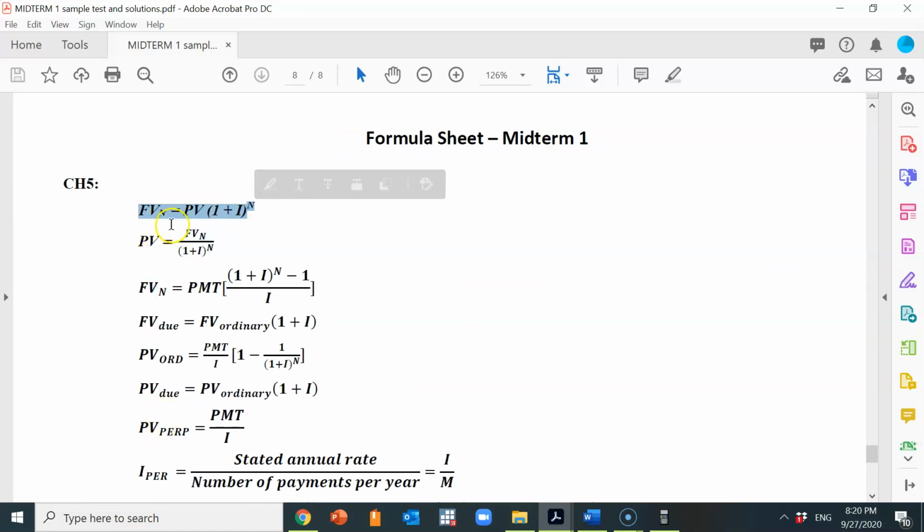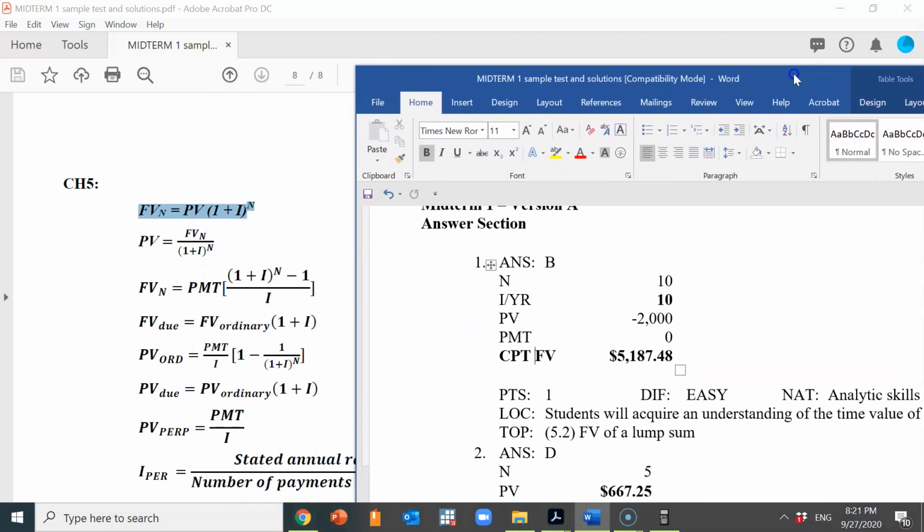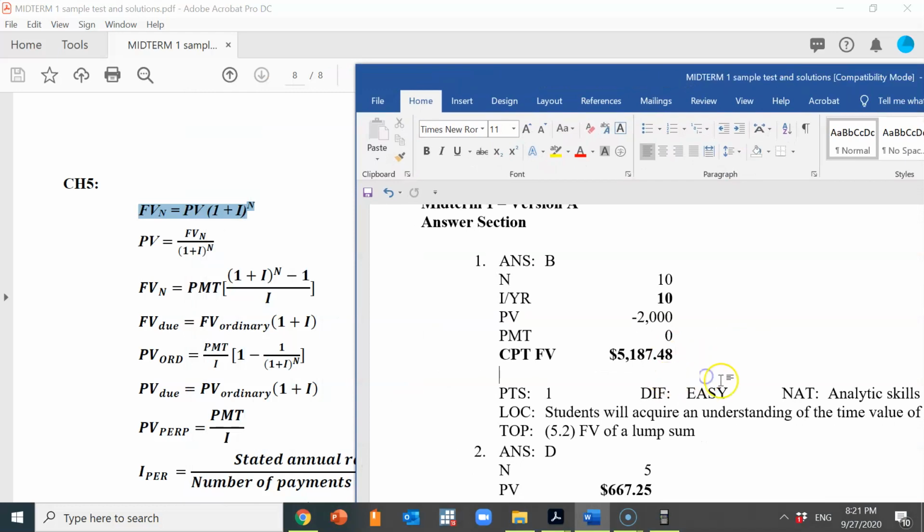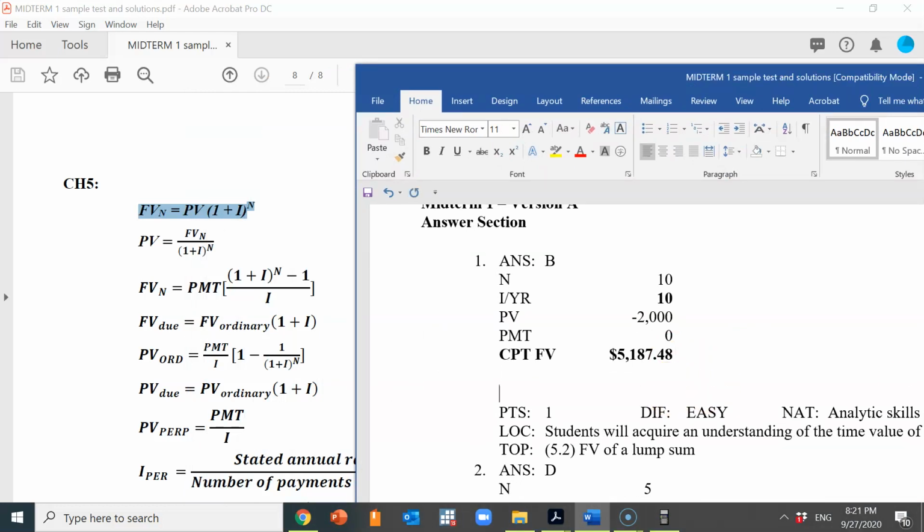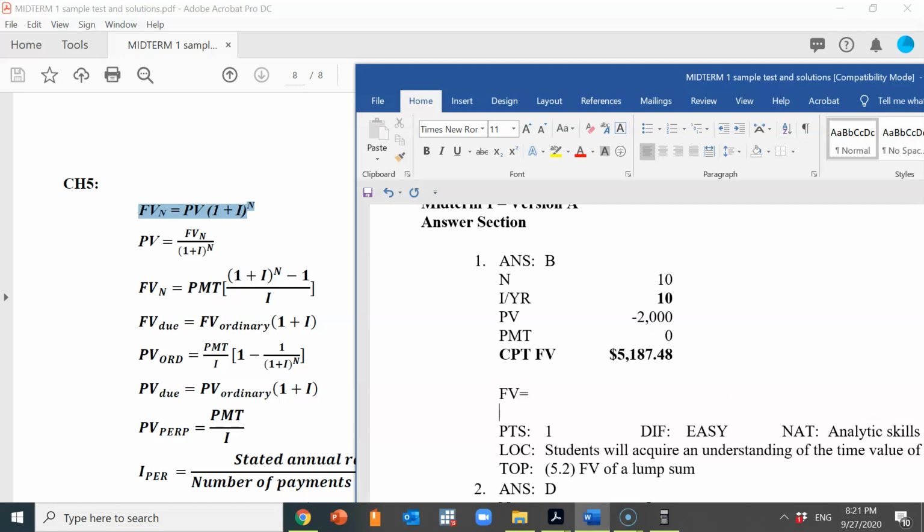Future value after n years equals present value multiplied by 1 plus I to the power of n. Okay, so another way of solving for this first question is to use our formula. Future value equals our present value multiplied by 1 plus interest rate to the power of n. Okay, let me use this sign as showing the power.